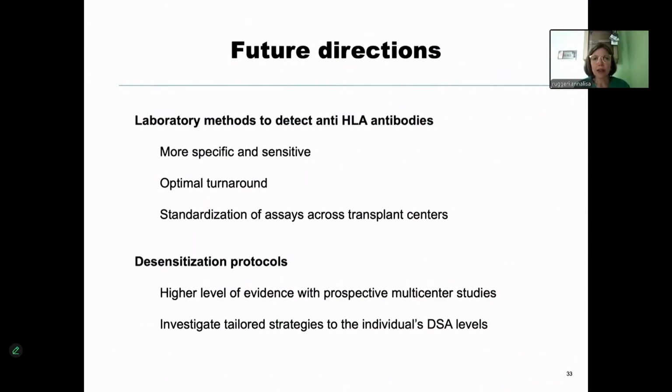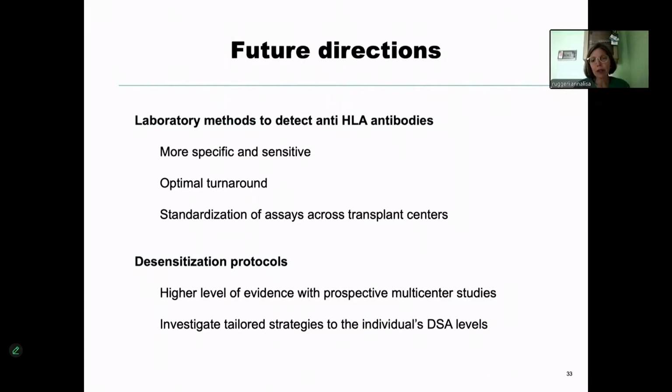So as future direction, it is important to consider that we need common laboratory methods to detect anti-HLA antibodies and also having an optimal turnaround to get prompt responses and good timely feedback.